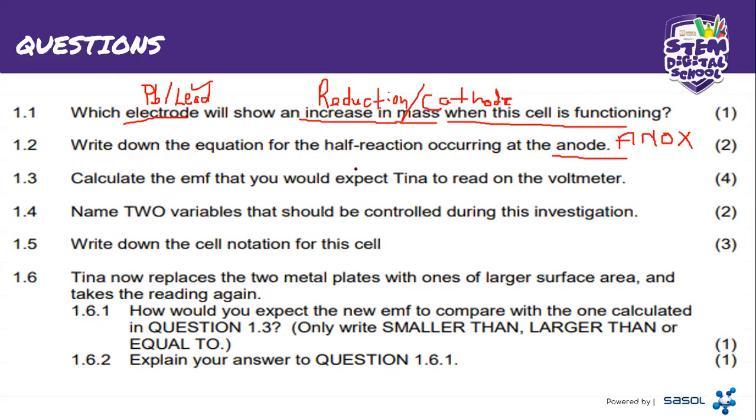So if we want the half reaction at the anode, it means we want the oxidation half reaction because that is where oxidation takes place. And we talked about this. Anox means oxidation occurs at the anode. Then I have to go to my table 4b and just quickly double check.